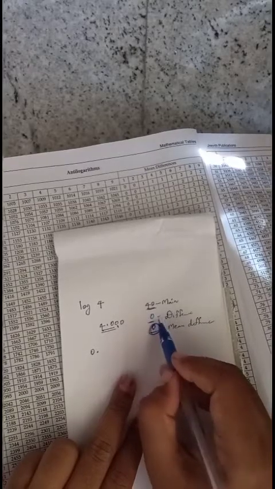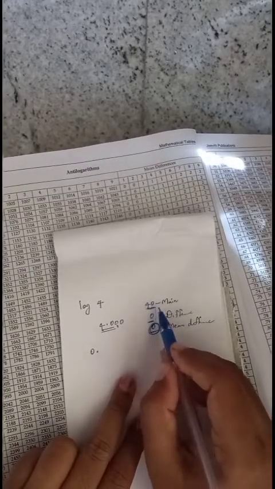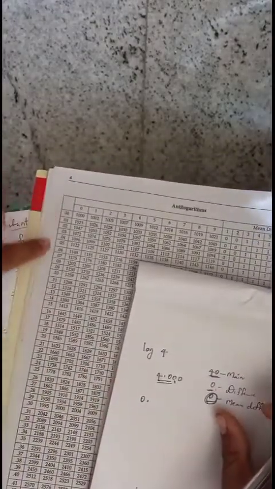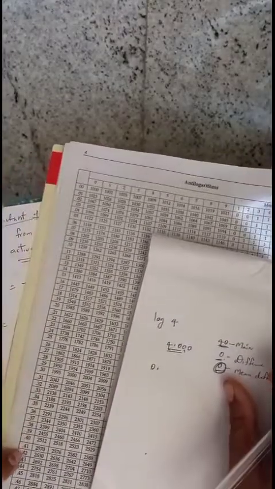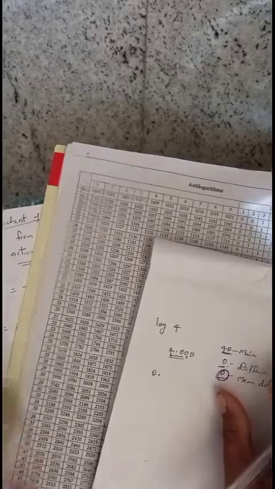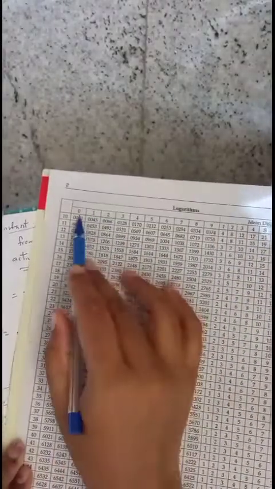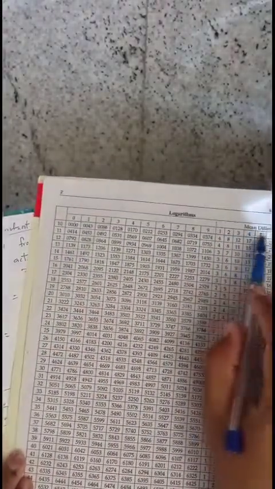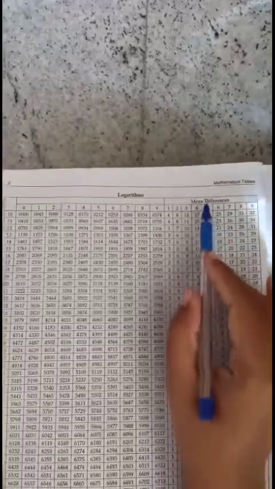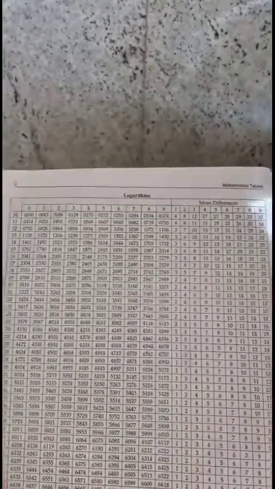First we want to see the 40 value under 0. These are the main values, this is the difference value, and this is the mean difference. Under mean difference there is no 0, you can neglect that.